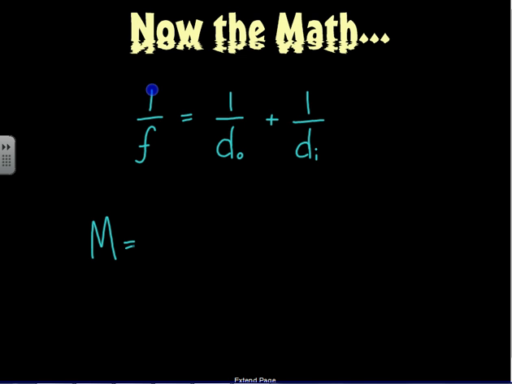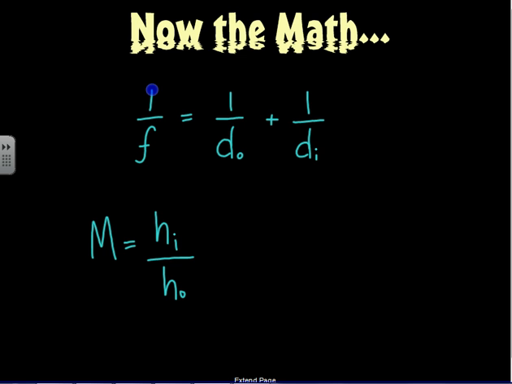The first equation is 1 over the focal length is 1 over the object distance plus 1 over the image distance. The second equation says that the magnification, that's a term that tells us about how much bigger or how much smaller the image is when compared to the object, is equal to the image height, hi, divided by the object height, ho.